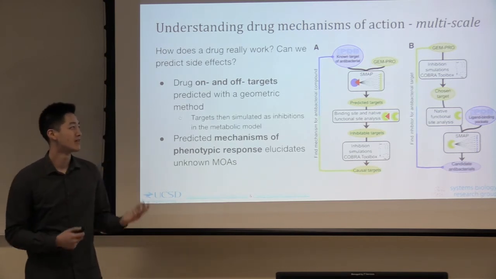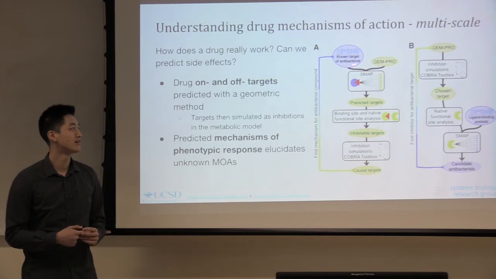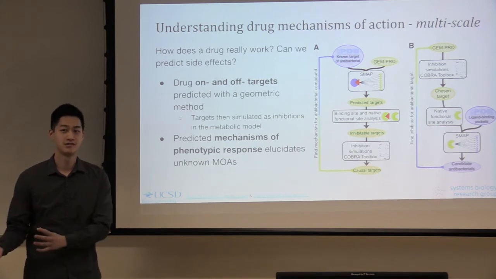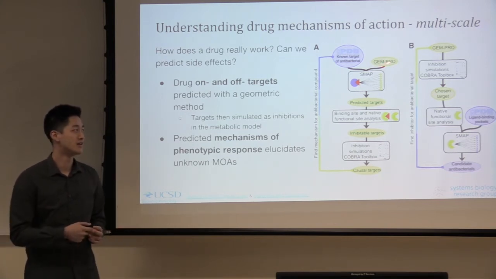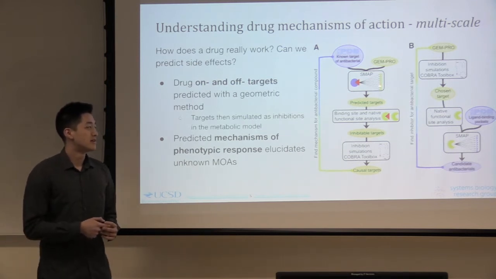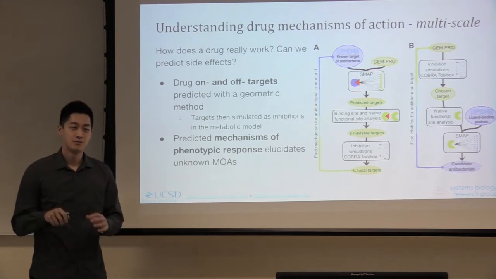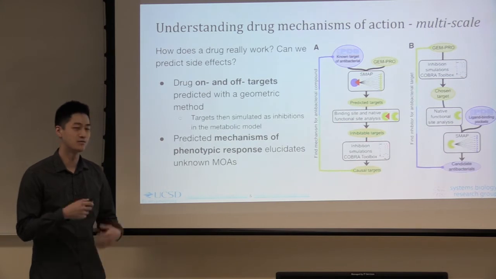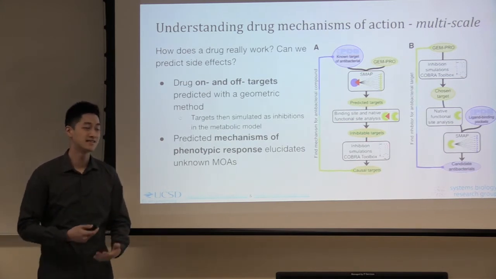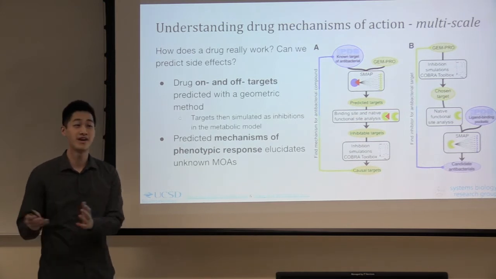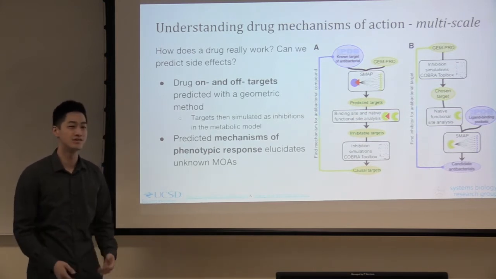And so with the GemPro, what Roger did was he took the structures of human enzymes and he predicted their binding sites for this certain drug based on these structures, using a geometric method. And what he did was he took these predicted targets and inhibited them based on their position within a metabolic network. And so with these simulations, he was able to recapitulate the kind of side effect that was seen in the clinical trials, which was, I think, high blood pressure, which was fatal for this certain disease that the drug was treating.